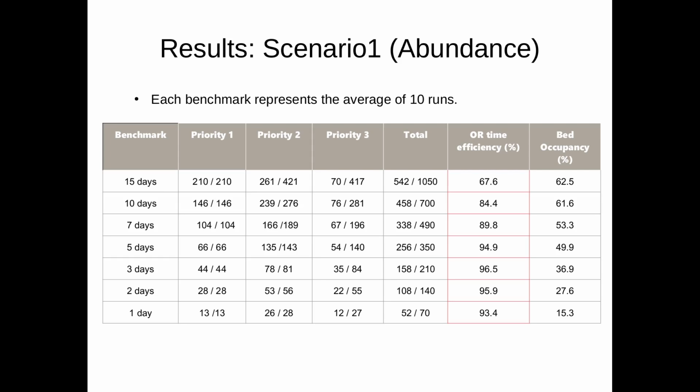So every benchmark is tested 10 times in order to get an average to be taken into account. Again, for scenario 1, we have good scalability: for 10 days it's giving more than 80%, except that for more than 10 days it decreases.